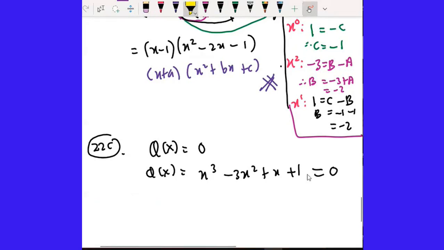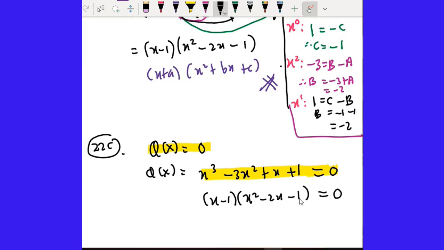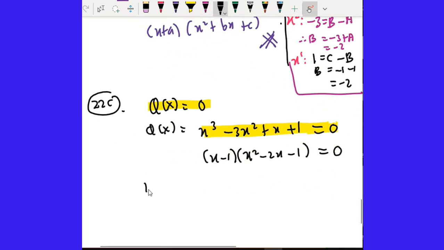The next step, in the form of (x minus 1)(x squared minus 2x minus 1) is equal to 0. Now we are going to solve. Find roots. x minus 1 is equal to 0, or this bracket is equal to 0.